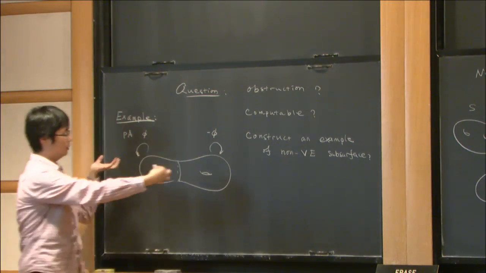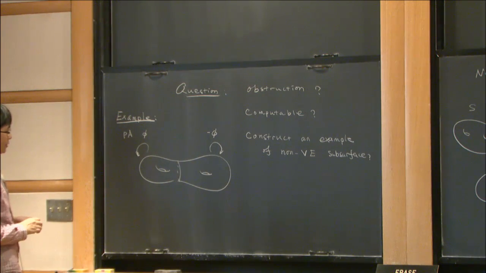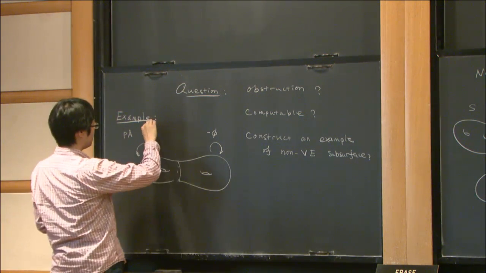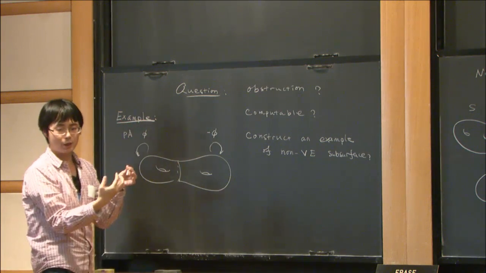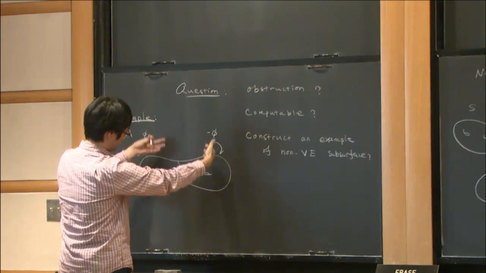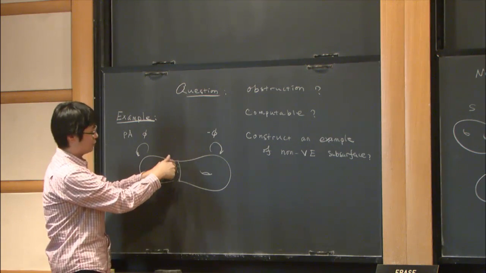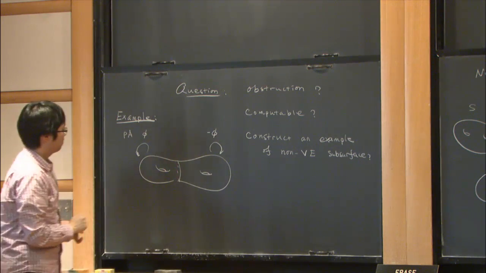I can take negative phi acting on the mirror of the surface, and then these two together will just give me some surface automorphism of this surface of genus 2, and it does have a reduction locus which is fixed.